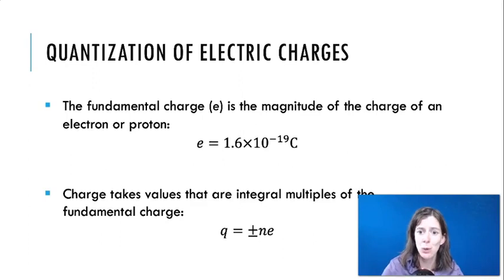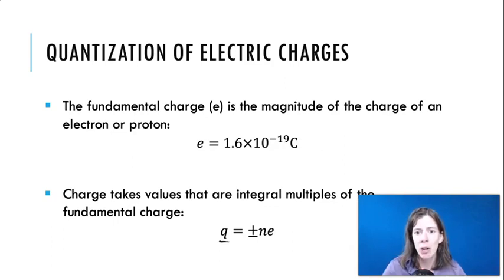This brings us to our first equation for this series, and this equation deals with the quantization of charges. It tells us that charge takes values that are integral multiples of the fundamental charge. What this means is that when something is charged, and we do use the letter Q for charge, then it can only be made up of a certain number of either electrons or protons, and that number is going to be an integer.